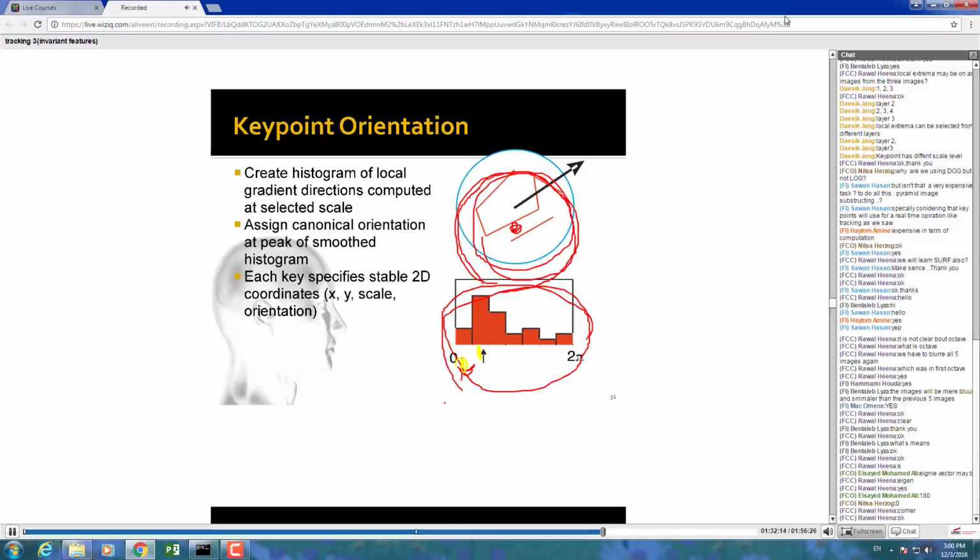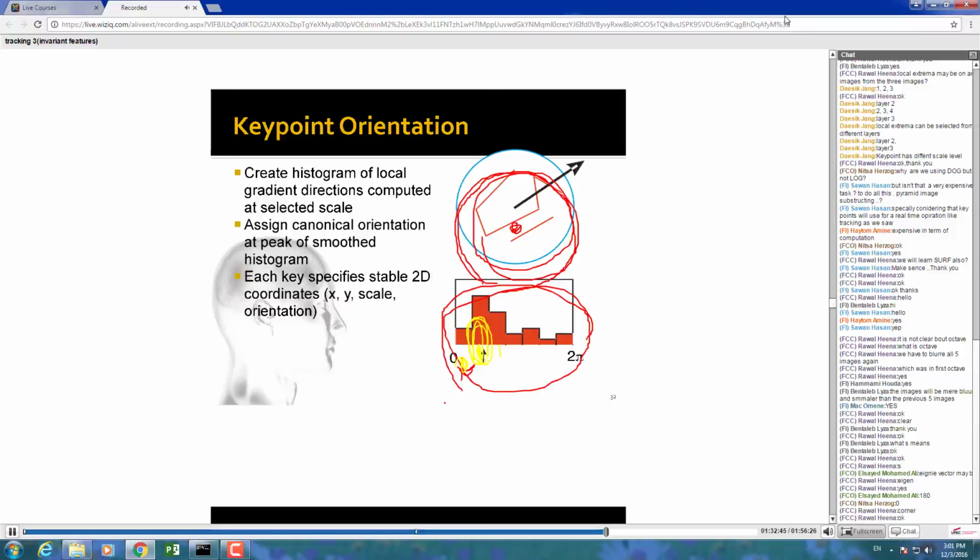between 0 and some degree. Some pixels may have the angle in this region, some pixels may have this angle, because when we are looking at the neighborhood, different pixels can have different angles, right?